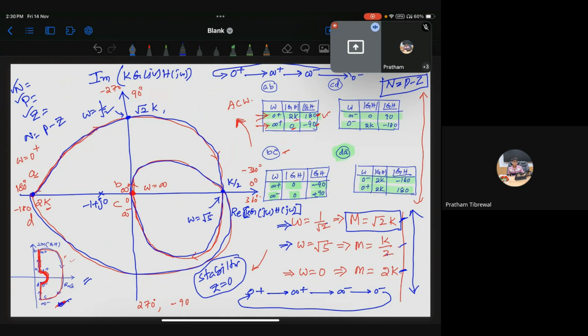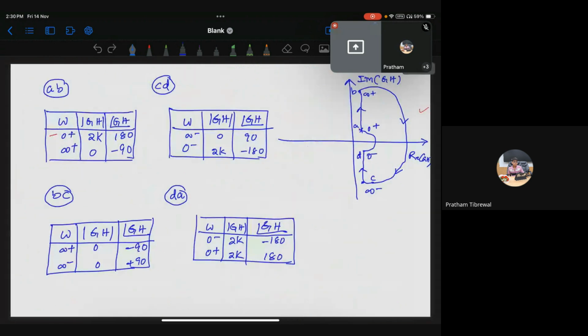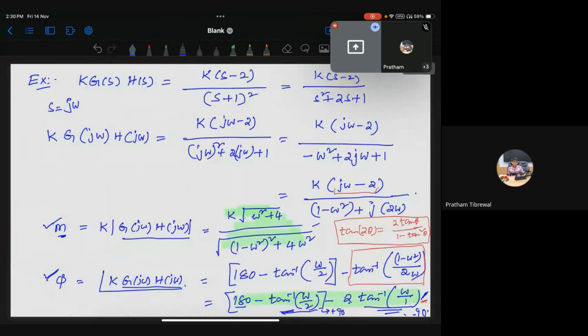Now, what are open loop poles? The given transfer function, this one. How many poles do we have on the right hand side? The number of open loop poles on the right hand side is 0. Yes or no? 0.